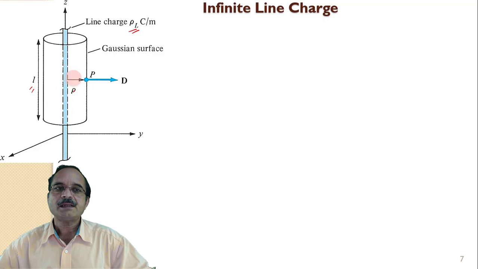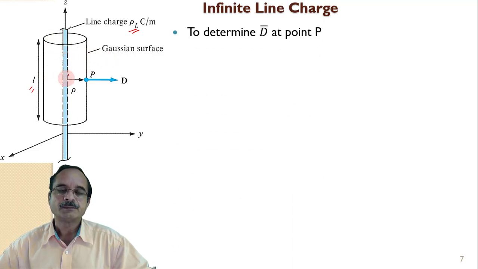Since it is a line charge of length L, the best Gaussian surface we can select in this case is the cylinder. If I assume a line charge along the z direction, we can assume a cylinder of length L which encloses this line charge.